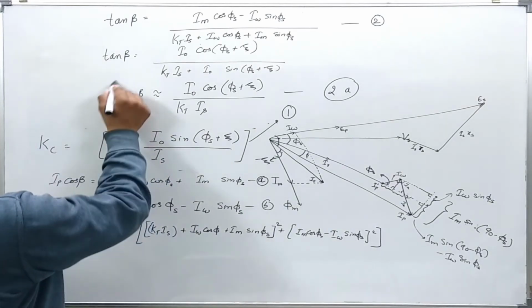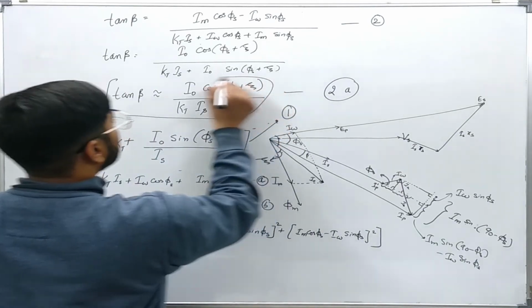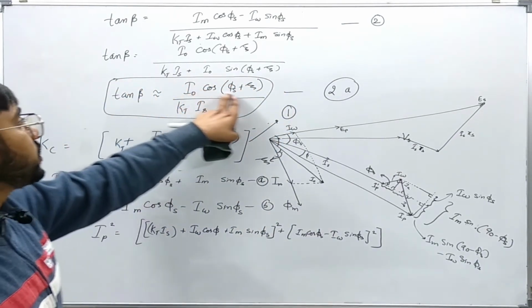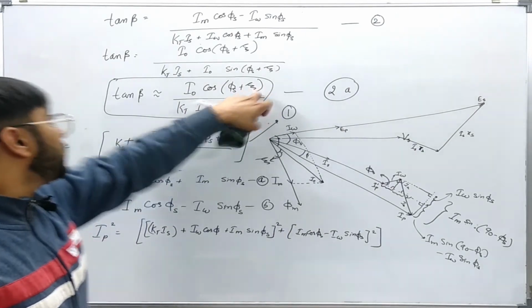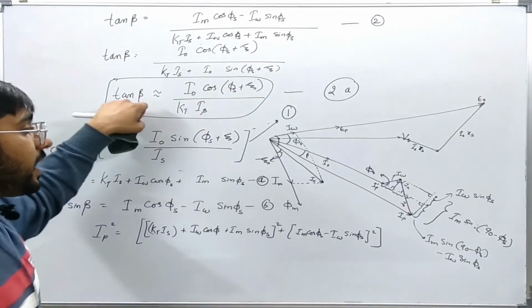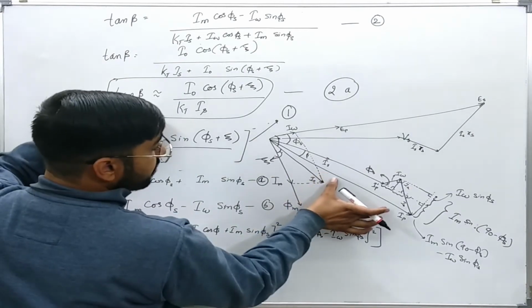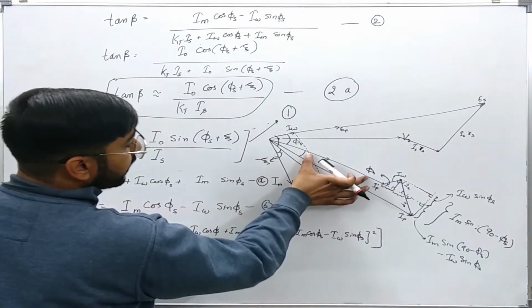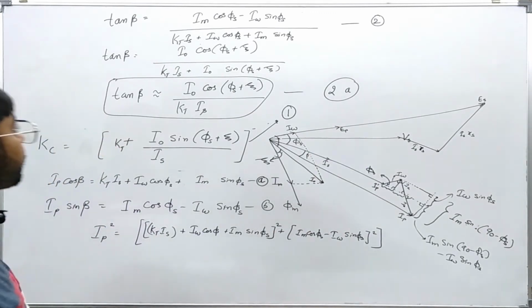Now this is the angle. As long as cos(phi_s plus zeta) is positive, tangent beta will be positive and the primary current will be lagging the secondary current.